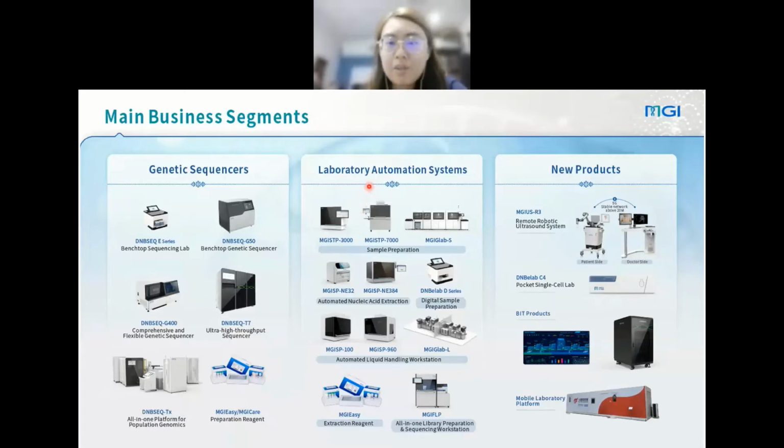And then when it comes to our lab automation systems, we have systems for sample preparation, which is usually used in a clinical setting where we have samples in different tube sizes. These systems transfer the samples from the sample collection tube into 96-well plates without any manual hands-on work.